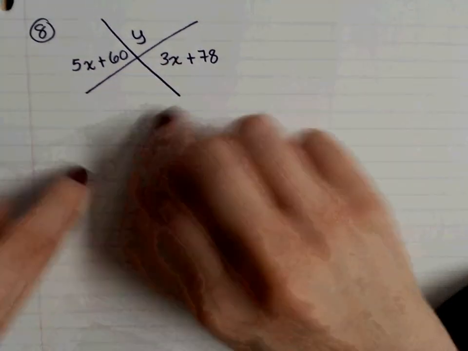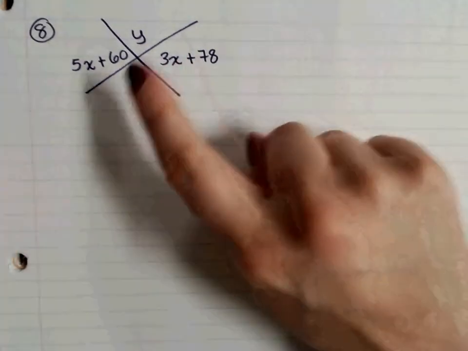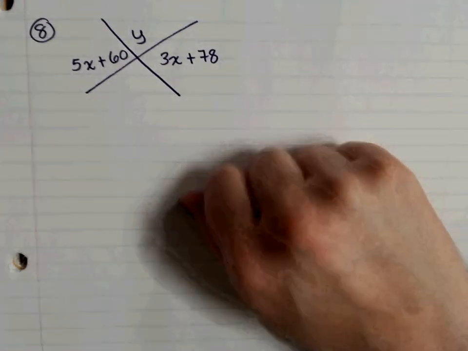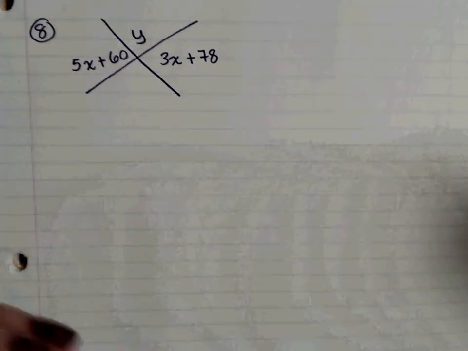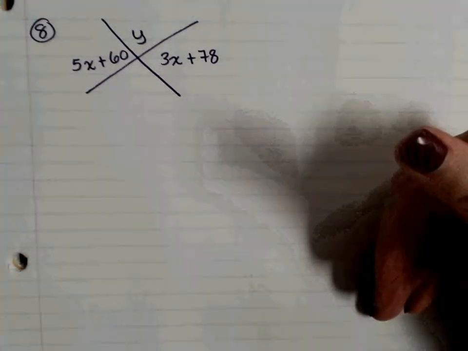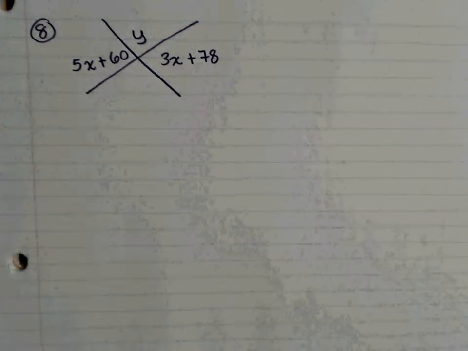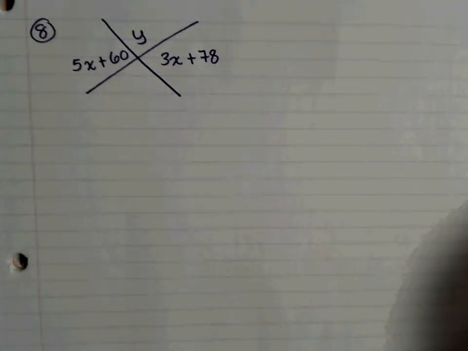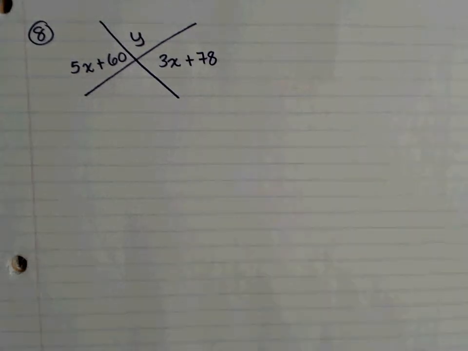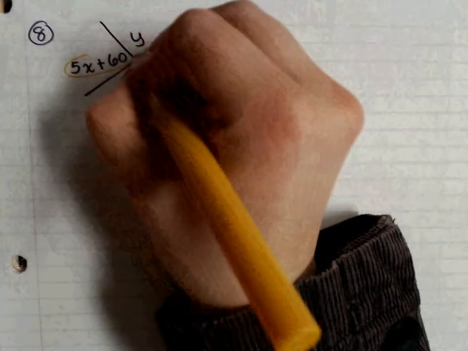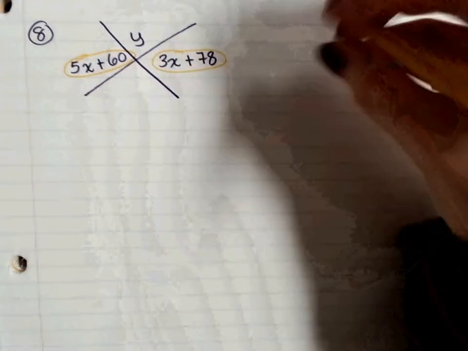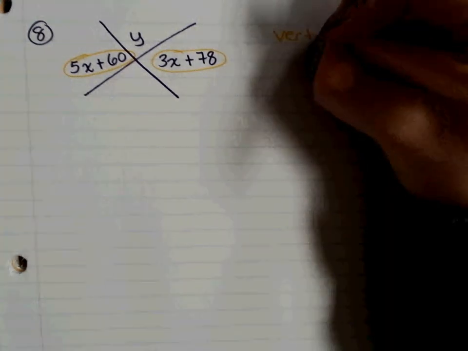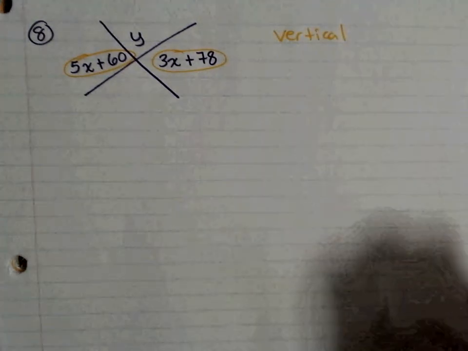So in a question like this, this would be a DOK 3. And the question literally would be, what does y equal? So you would have to solve for x to solve for y. So that makes it so many multiple layers that you'd have to do. So in this situation, we know that x has the vertical relationship.